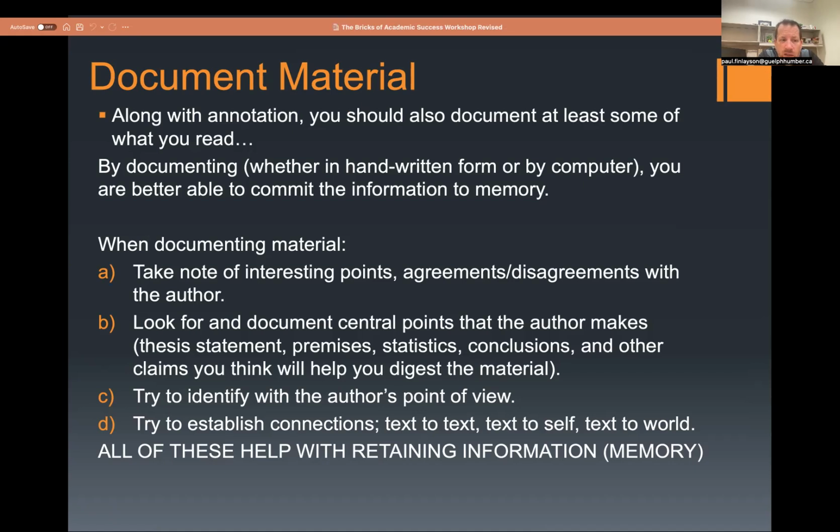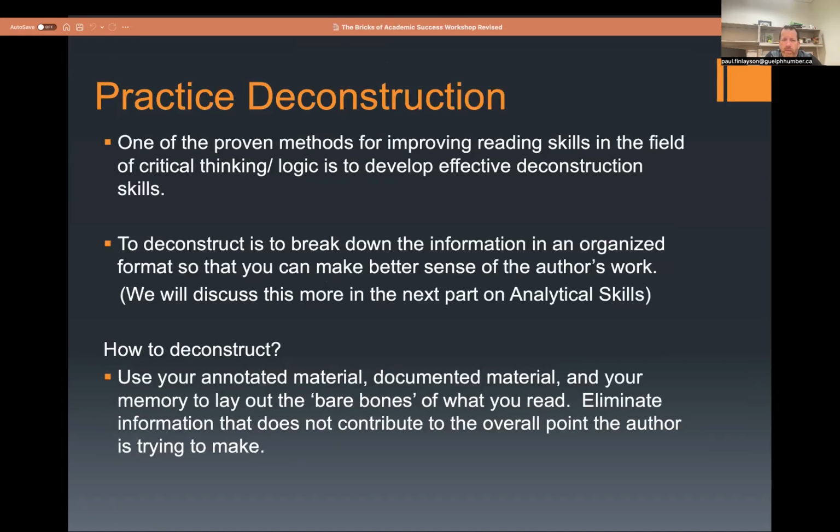But when you're reading it, you can take notes on it right then, assessing what the author is writing about, highlighting and circling and doing arrows and pointing to the most important things, and writing full sentences too. This does two things. It helps you retain information in your memory, but it also helps you later on when you're studying it.